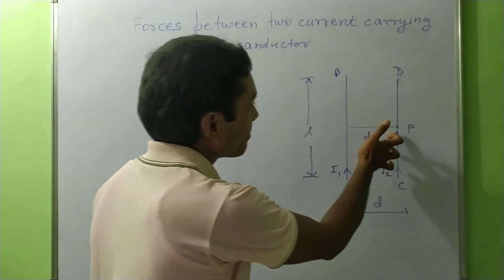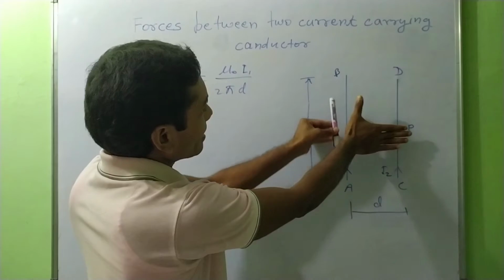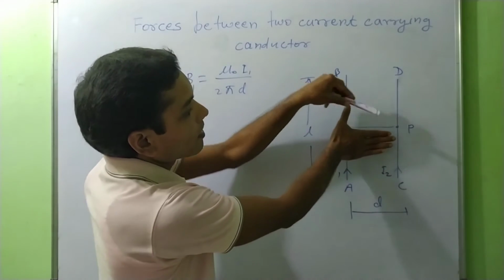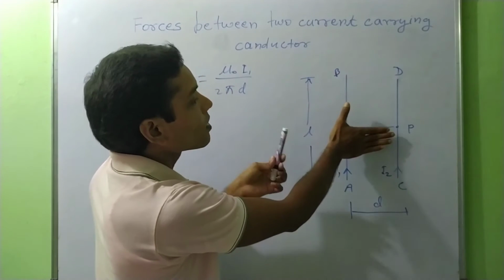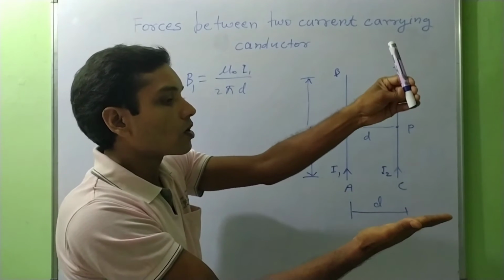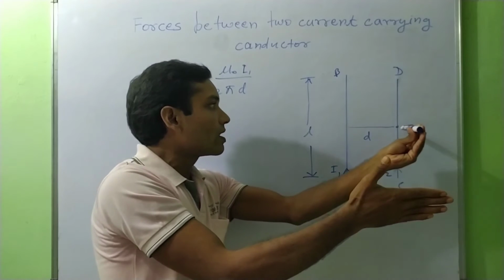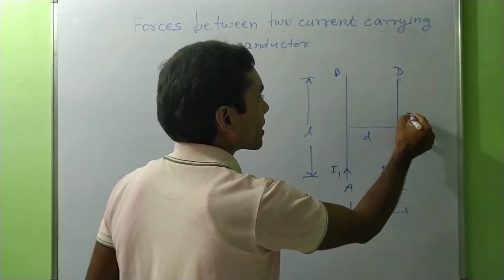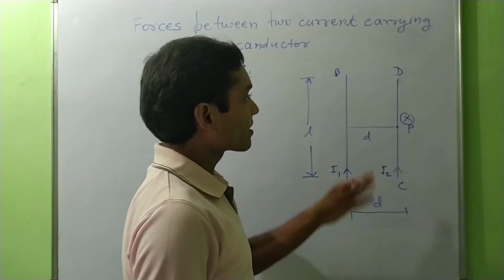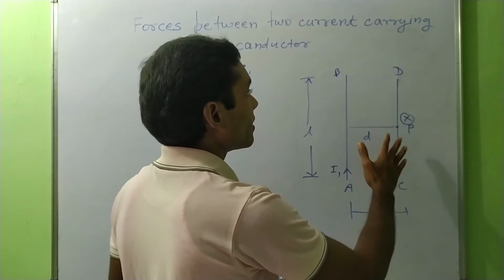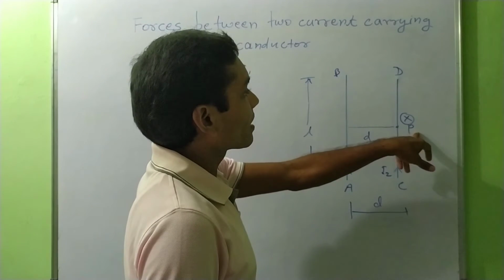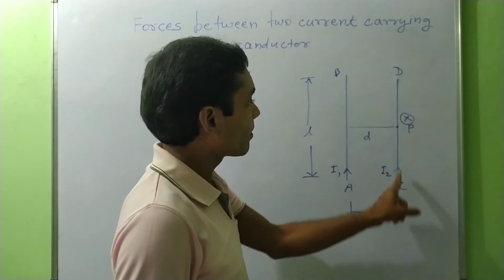Here the thumb is the direction of current through conductor AB, and the fingers show point P. So the field is perpendicular outward from the palm, which is inward into the board. So the direction of the magnetic field on the right hand side of conductor AB is inward, and this magnetic field is perpendicular to the conductor CD.